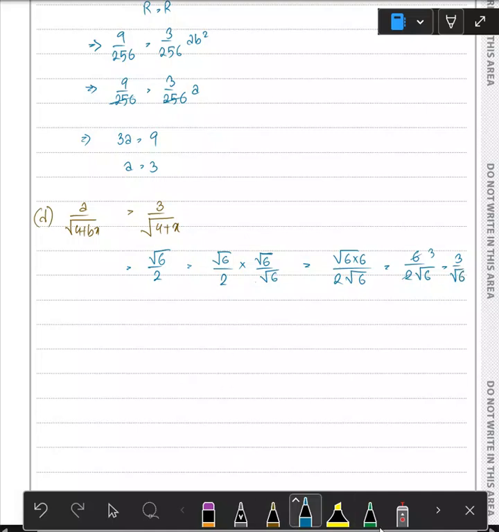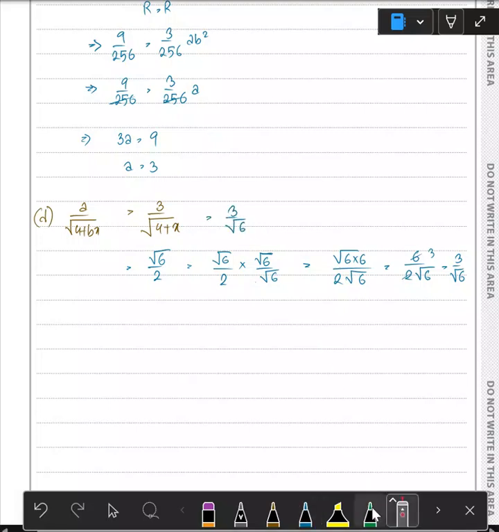And now if you look at it, initially we were given 3 by root over 4 plus x, and we need to find the value of this. This is actually equivalent to 3 by root 6.